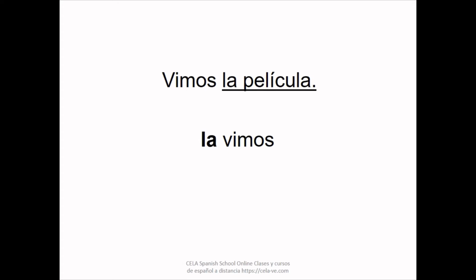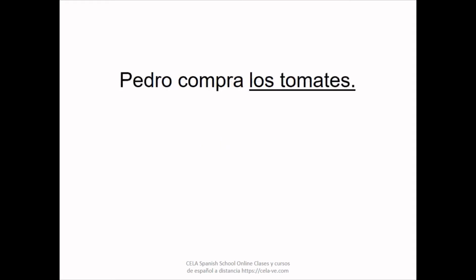Película is feminine singular. And the pronoun is la. Pedro compra los tomates. Pedro los compra. Los tomates is masculine plural.